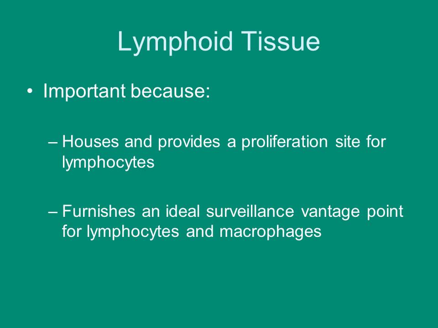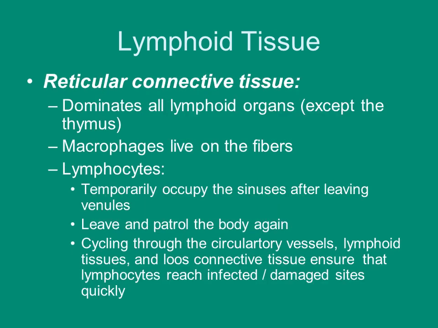So it provides a nice surveillance spot for your macrophages to be able to recognize foreign tissue. The reticular connective tissue does dominate most of the lymphoid organs except in the thymus. So like I said, those macrophages live there and the lymphocytes are also going to be there. Now some of the lymphocytes will eventually leave and go on patrol throughout the body.